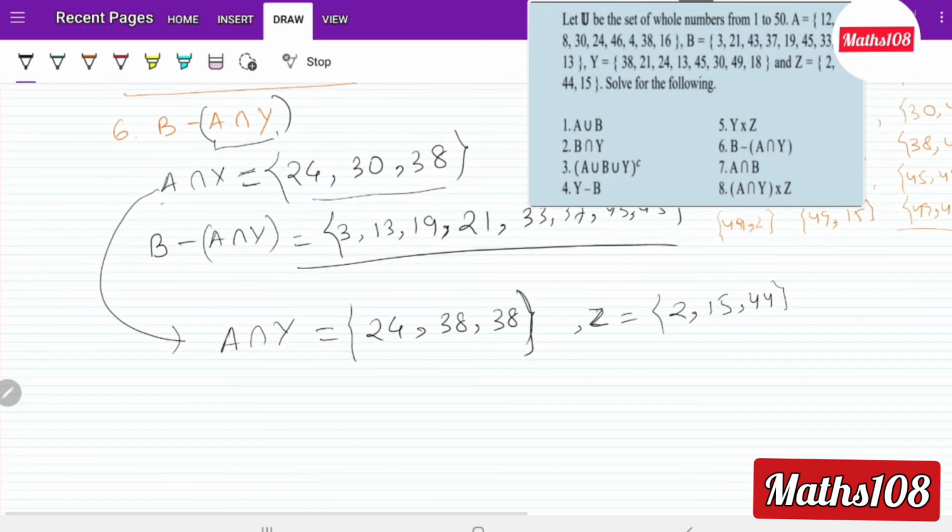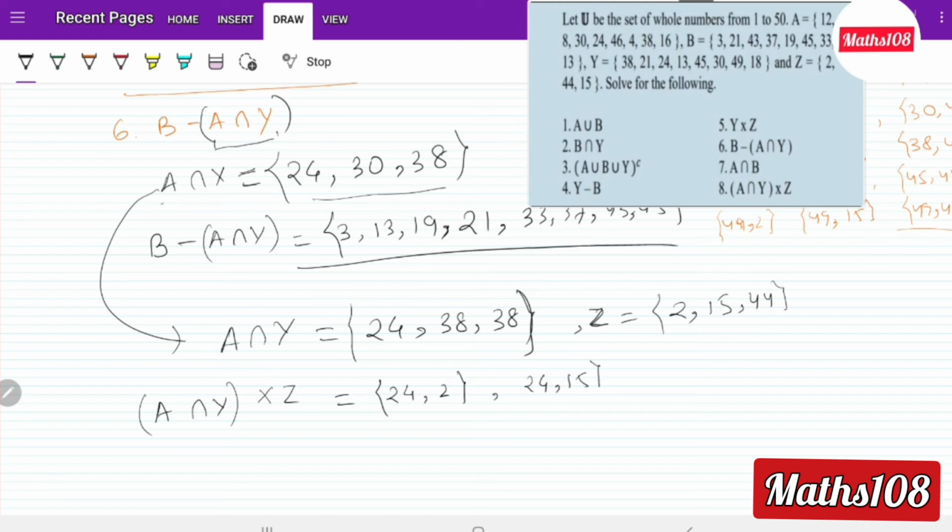So their product will be A union Y into Z is equal to 24, 2; 24, 15; 24, 44.